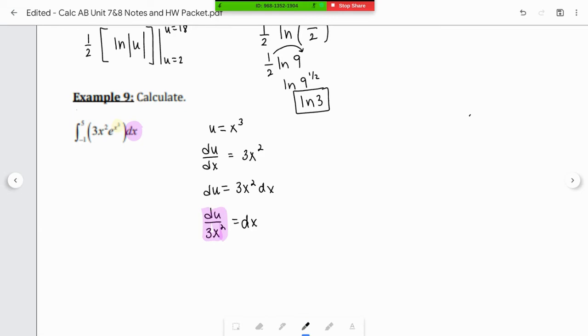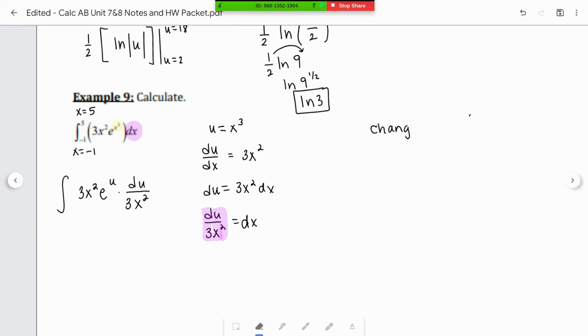Our bounds, remember, are currently in terms of x, so we're going to have to change those. So substituting my u's into my integral, I have 3x squared e to the u times du over 3x squared. So that's where I'm at right now. And then I'm going to change my bounds.